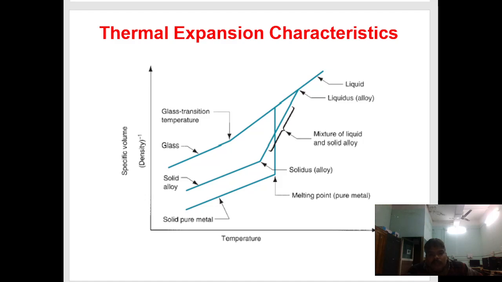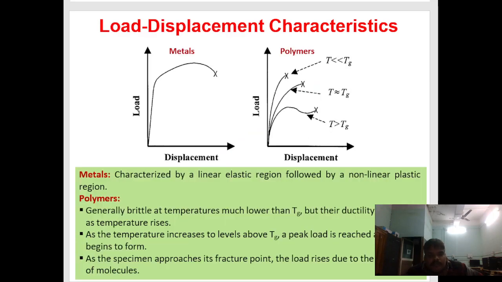Solid alloy up to the solidus stage, if it is an alloy, then during the solidification their specific volume will also increase in a linear way, but its angle will be higher. In the case of glass, after the glass transition temperature, there will be a different shape.